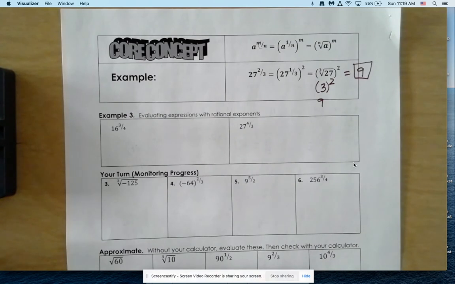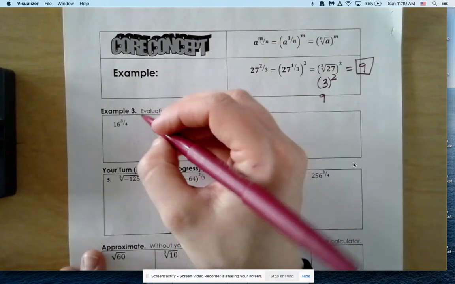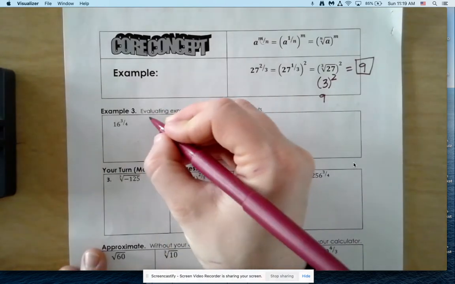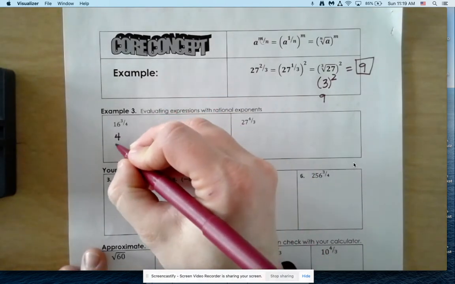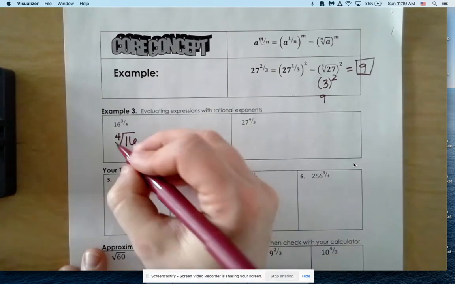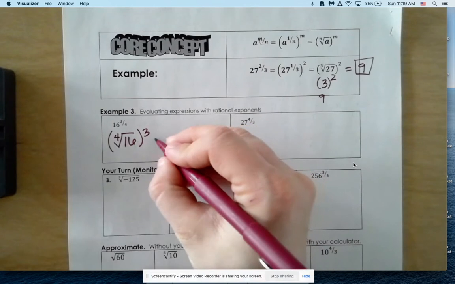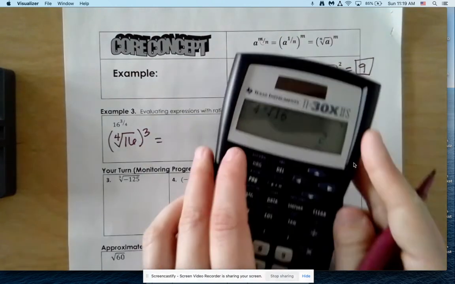Okay, so now let's practice writing these as radicals. Remember the denominator goes out in front, so it's going to be the 4th root of 16 cubed. Now from here, what is the 4th root of 16?